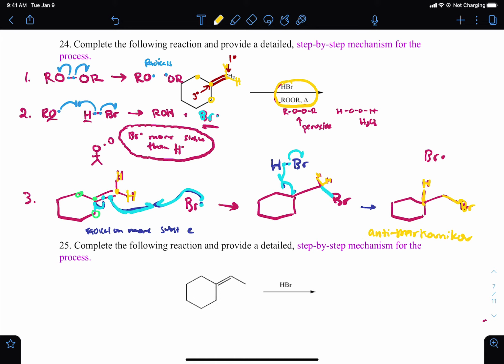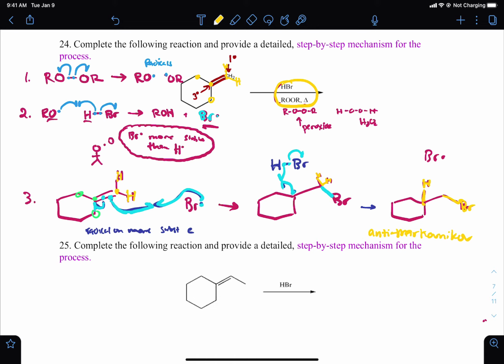Or the double bond is electron rich. It's got 4 electrons in that domain. So that negative rich double bond will be attracted to the H because that H has some positive character. So now the question is, which carbon gets the H, right?